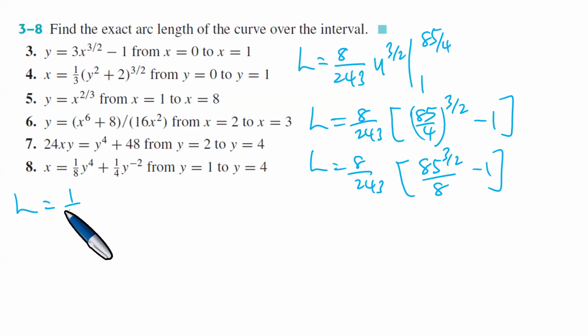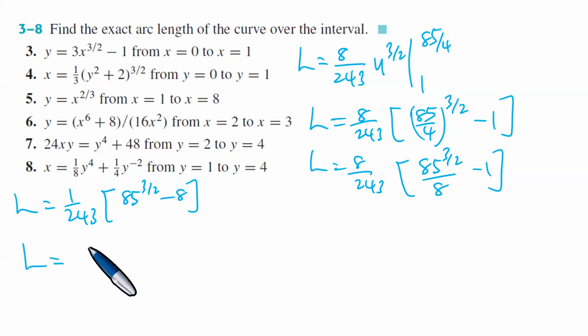So which means 1 over 243. 85, that, and then you minus 8. Which means you have 85 minus 8 over 243.